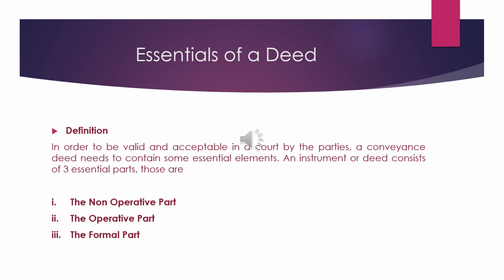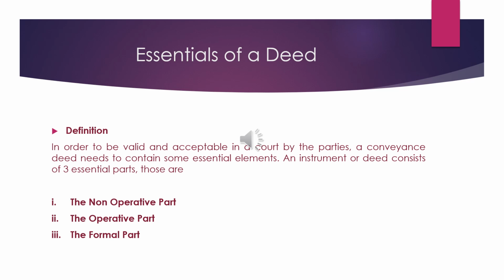Now, we know the term deed means a written legal contract that binds the parties to its terms. And the term conveyancing is used when there is transfer of ownership or legal title from one person to another.